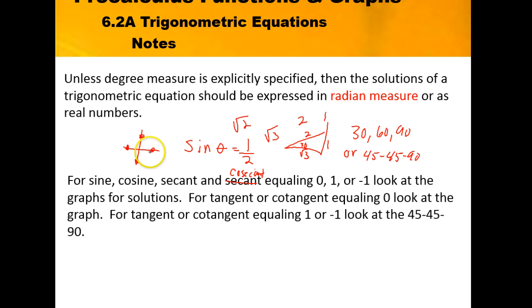You certainly can do it, but since we're already really good at graphing, I think that we should really look more at the graphs of these things when we're looking for 0 and 1 than drawing this picture. But either way would really work.